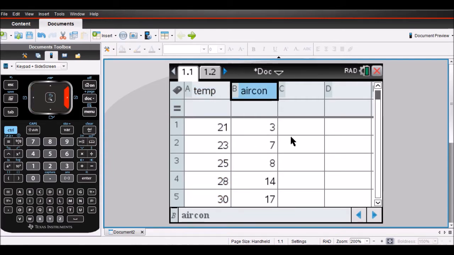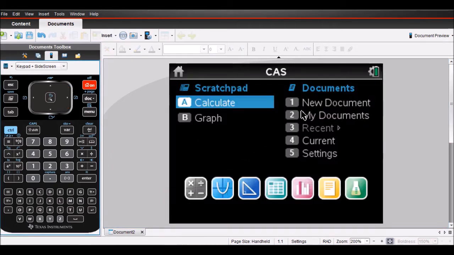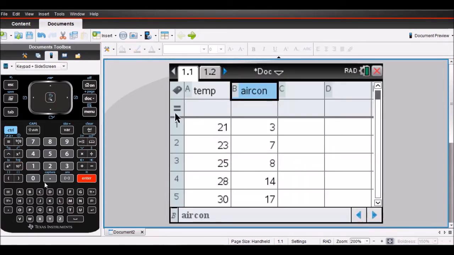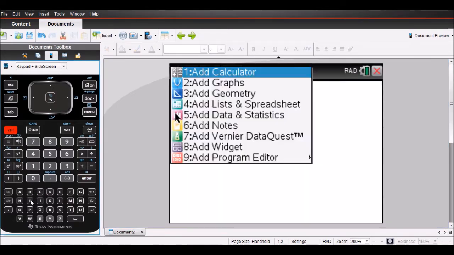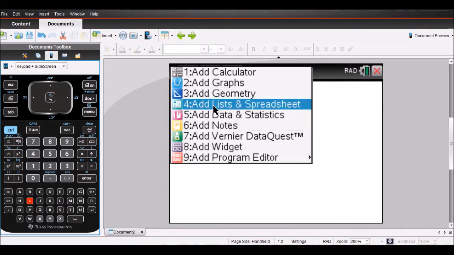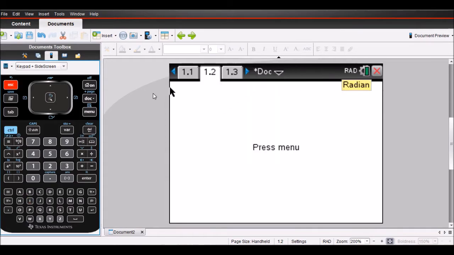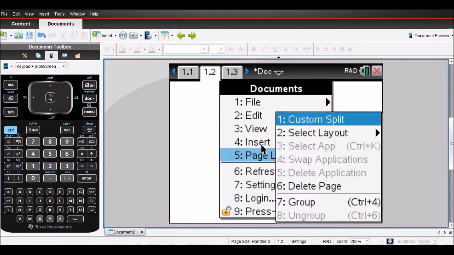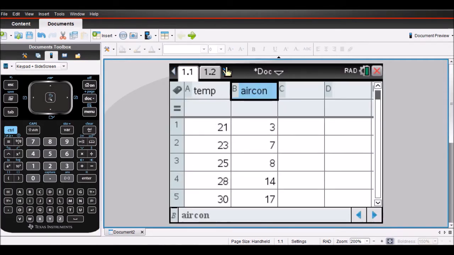So that's temp, that's aircon. To get to this point, you'd go Control I, which opens up a new page, and you do lists and spreadsheets, but we don't need that for now. So I'm going to close this page. All right, so we're looking at this.